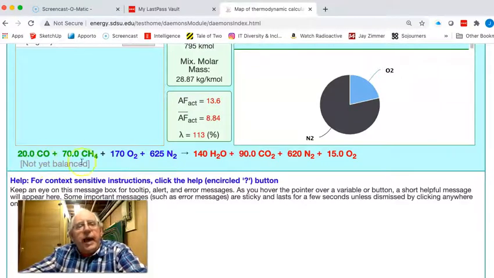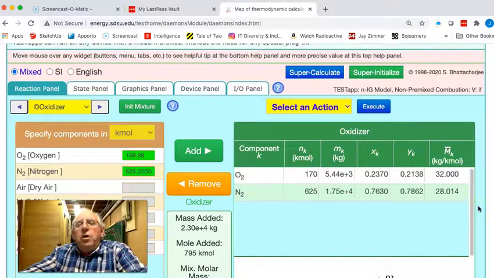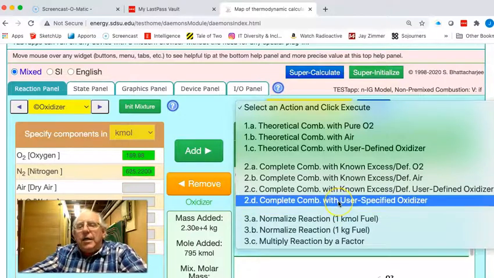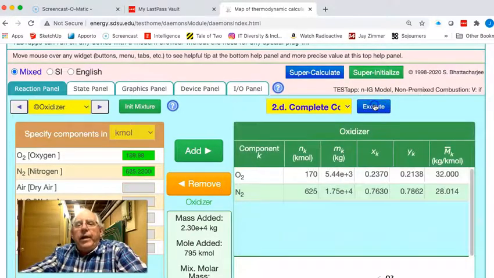Now you'll see it's not balanced yet, and so there is an action that allows me then to complete the combustion with user-specified oxidizer. And the user-specified oxidizer is what I just modified. I modified the oxygen and nitrogen and I'm going to select that and do an execute.